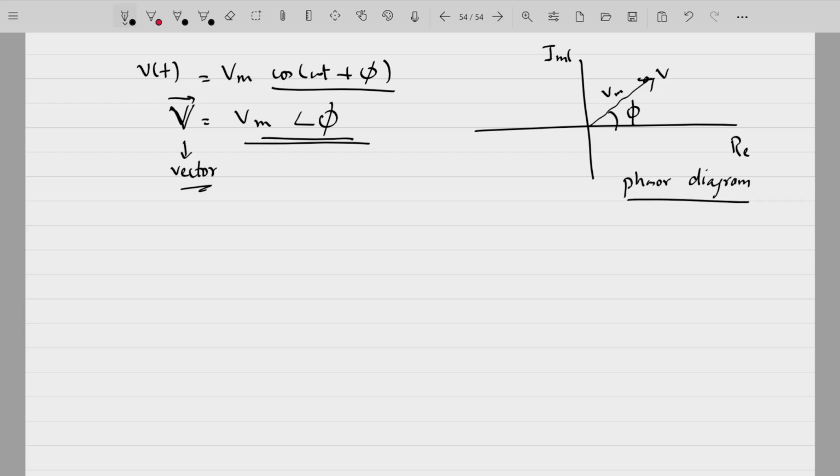When you plot the vector V on the complex plane, that plot is known as the phasor diagram of your AC voltage.